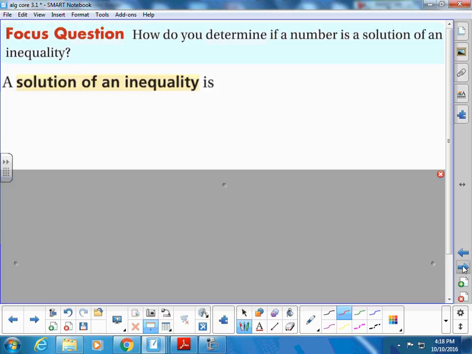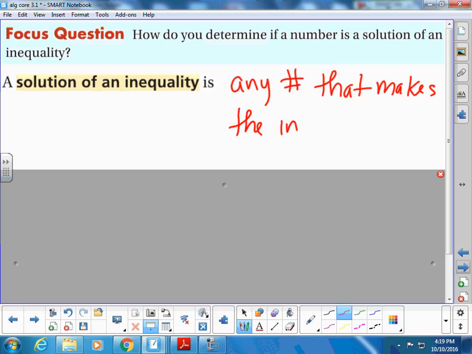How do you determine if a number is a solution to an inequality? A solution of an inequality is any number that makes the inequality true. Any number that makes the inequality true.